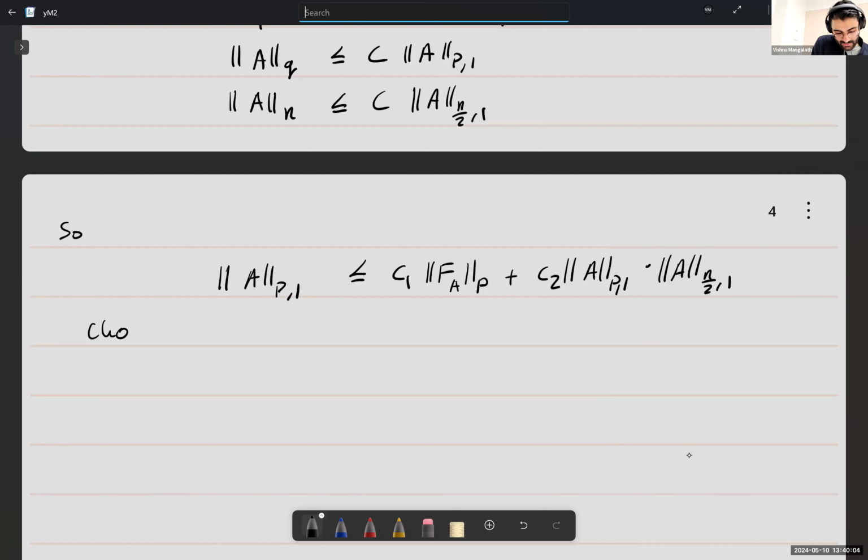Recall eta was this number that I assumed that this is bounded by. So I want it to satisfy this: eta C2 is less than a half. So now I can just take this, move it to the other side, and then move that constant to the other side, and I get 1 on 2, A P comma 1 is less than or equal to C F A P. So we get kind of back to C.